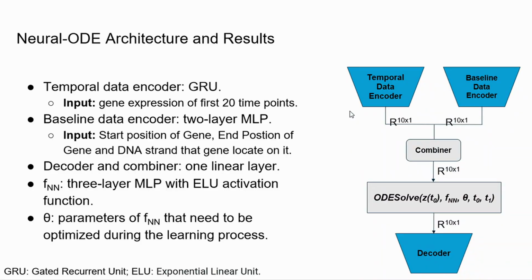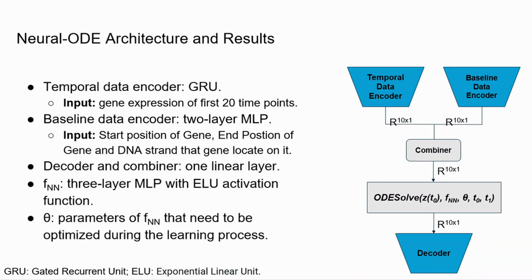Then we combine the results of these two encoders in a DNA combiner, which is one linear layer, and set it as the initial value for the ODE solver. Then we try to predict the unseen time points and use the decoder to see the result.